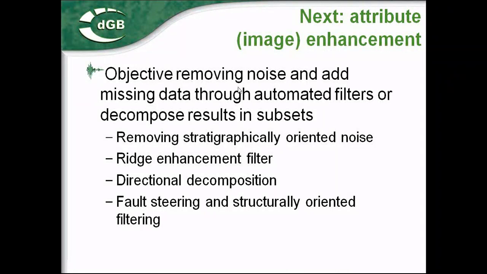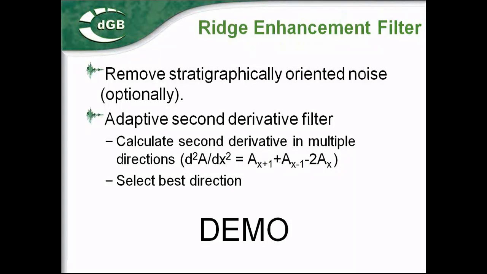The objective is to remove noise and add maybe some missing data through automated filters, etc. So there are a few steps that I'm going to treat here: removing stratigraphically oriented noise, a ridge enhancement filter, a trick that you can use to directionally decompose your fault sets, and then actually derive steering from your faulting and applying a structure-oriented filter to your faulting, which can improve your results significantly.